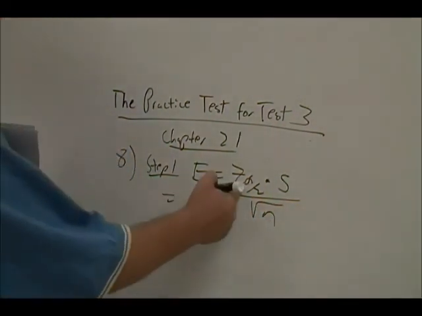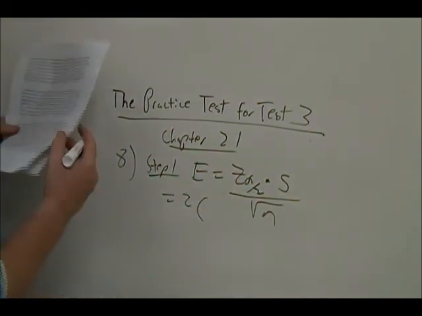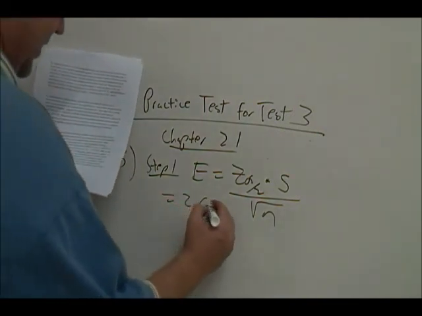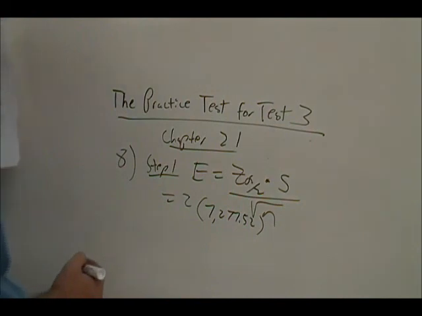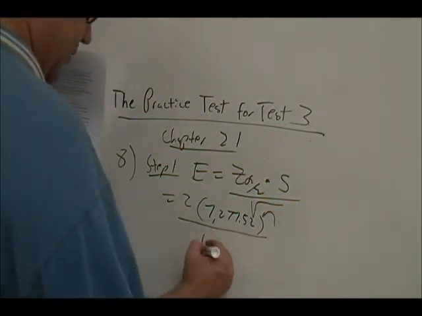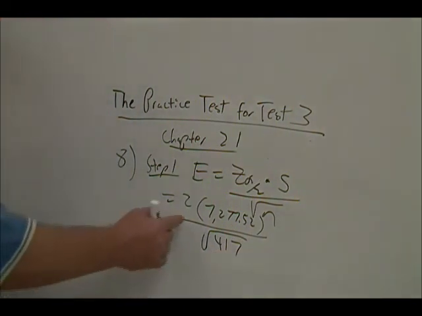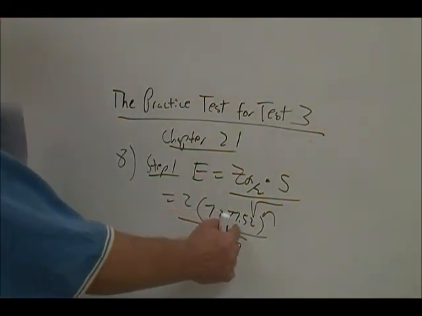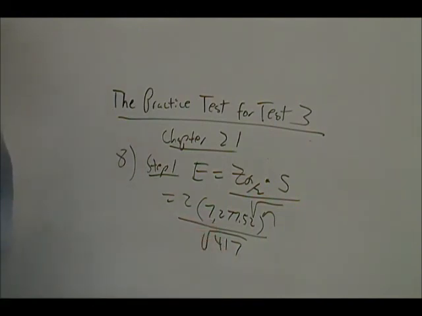And here we had 95% confidence, so once again we're using a critical value of 2. The sample standard deviation here was $7,277.52. And then we divide by the square root of the sample size, which is the square root of 417. So 2 times 7,277.52, all divided by the square root of 417.